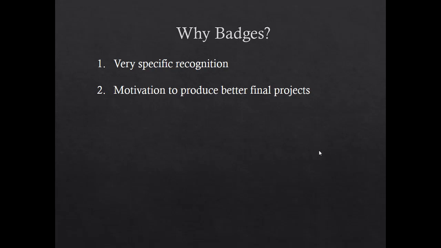And then motivation to produce better final projects. As I mentioned at the beginning of this presentation, the course was something that students could take early on, as early as second semester. And that means that they may not have had enough production courses in e-learning to be able to create something really amazing.